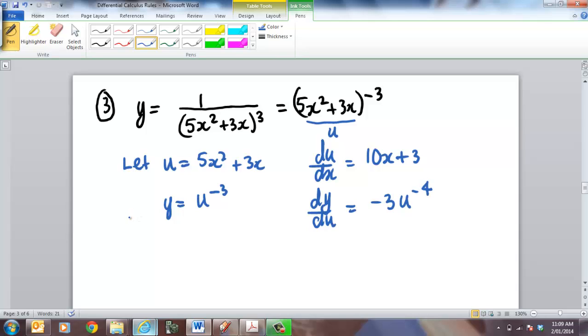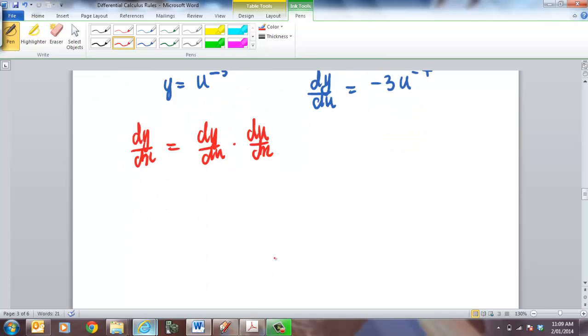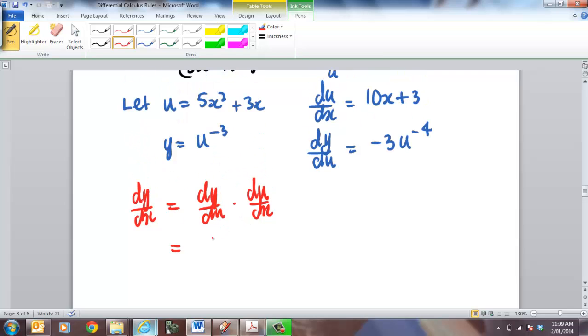If I'm looking at doing this one here, then dy/dx is equal to dy/du times du/dx, and substitute those things in there. So that's equal to, now we know our dy/du is equal to negative 3 times 5x squared plus 3x to the power of negative 4, times by our du/dx.